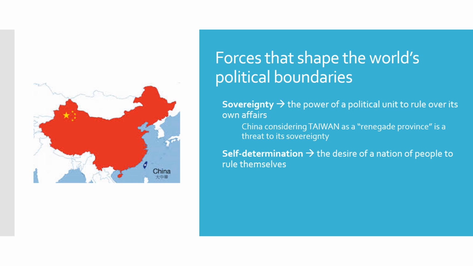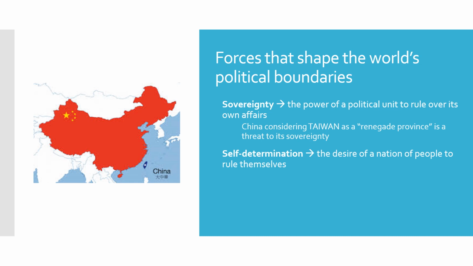When we think about European history, the Austro-Hungarian Empire, Southeast Europe used to be one empire under Austria-Hungary, even at one point all under Austria. But over time, self-determination motivated independence movements and war and led to the creation of many different states like Serbia, Bosnia, Albania, and others. So self-determination makes it happen.